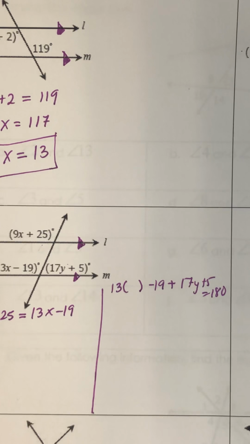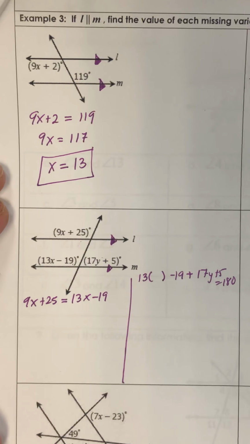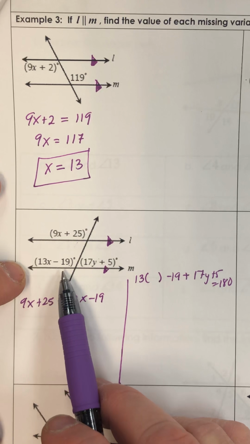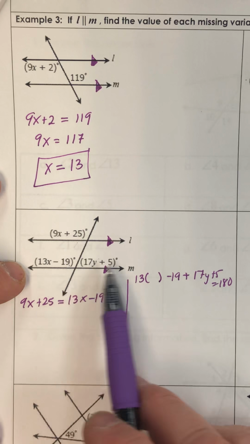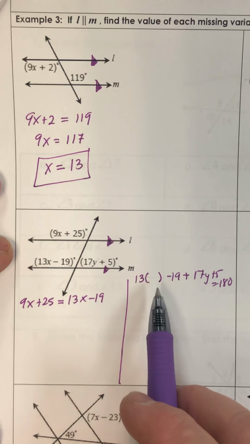Okay? So I'm going to have 13x, this one, plus the 17y one. Add those together, it would equal 180. And once I find x, then I can use it to plug in over here.